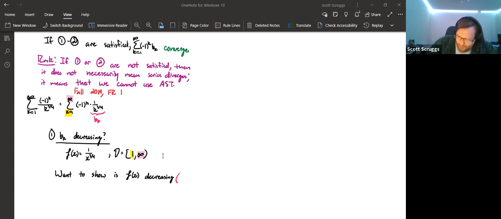The reason I'm marrying it with a function is because we can use a tool from Cal 1 to help us: the first derivative test. The first derivative test says that if the derivative is negative, then my function is decreasing. And because f of x is married to b_k, since all I did was replace the x with k, if f of x is decreasing, so will b_k.